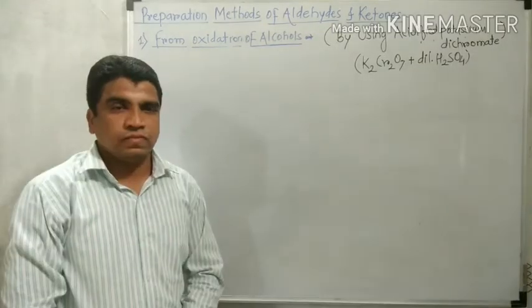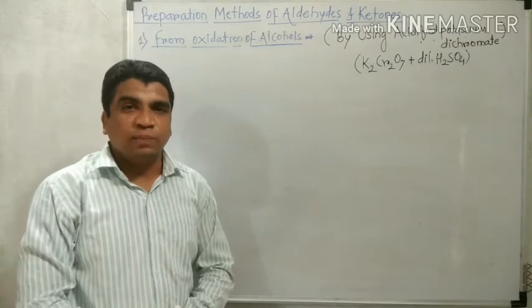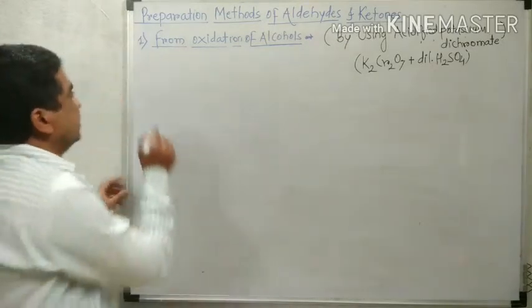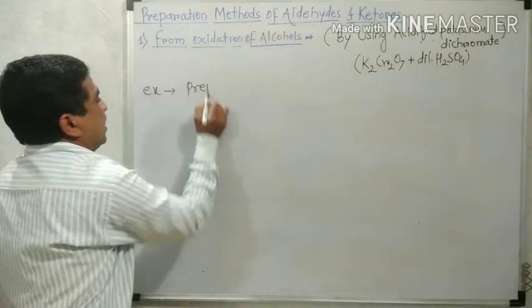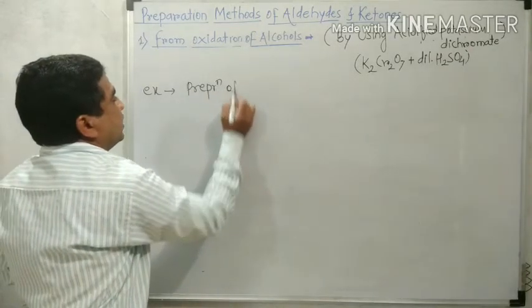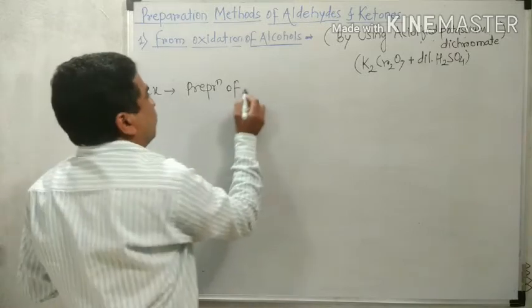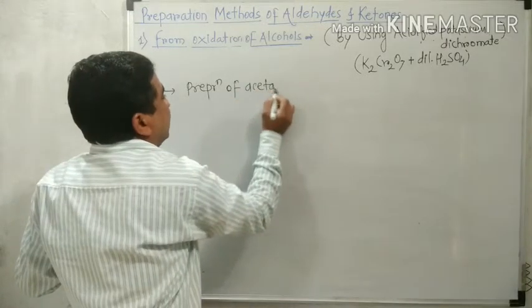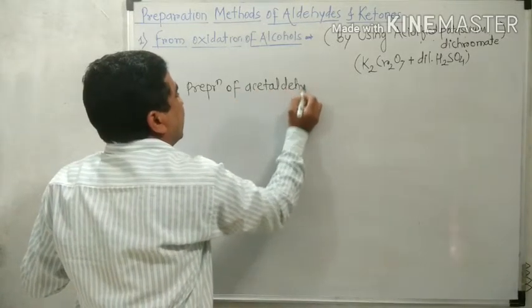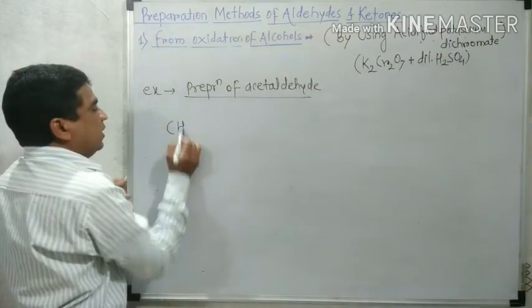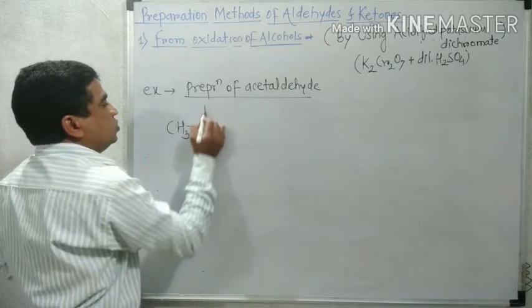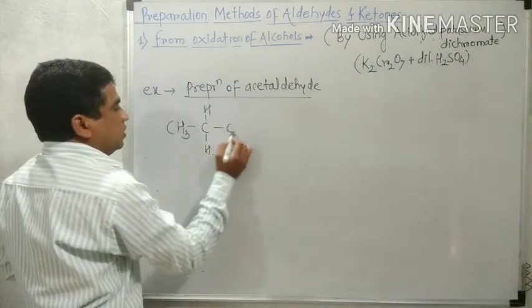Here is another example, the preparation of acetaldehyde from the respective alcohol. This is CH3CH2OH.